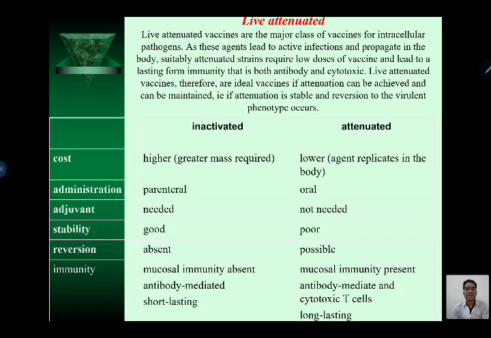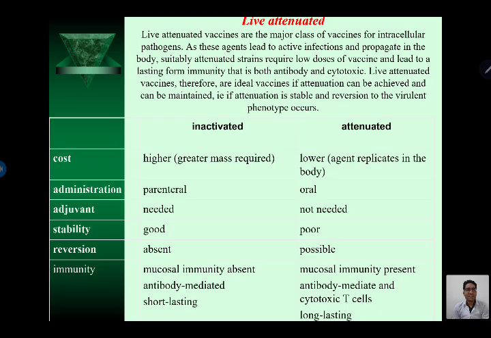Live attenuated vaccines. The live attenuated vaccines are the major class of vaccines for intracellular pathogens, as these agents lead to active infections and propagate in the body. The suitably attenuated strain requires low doses of the vaccines and leads to lasting immunity that is both antibody and cytotoxic.